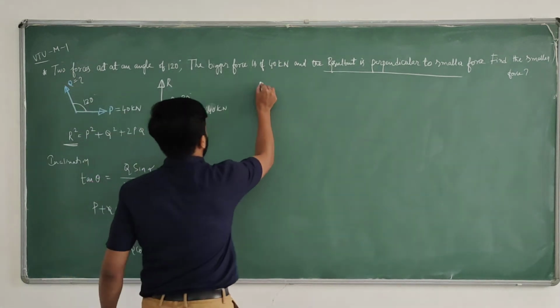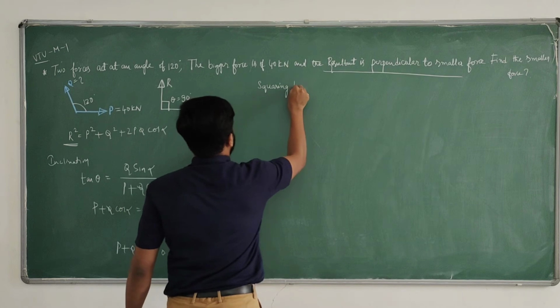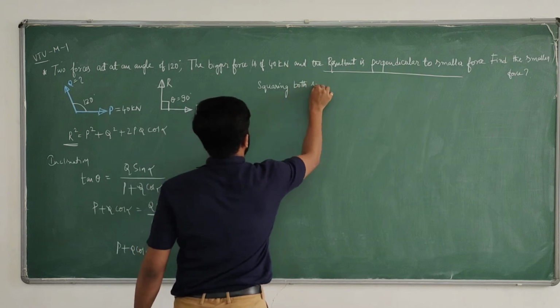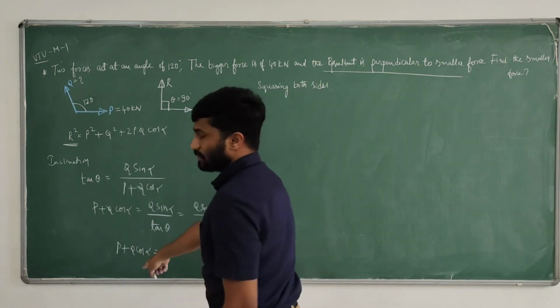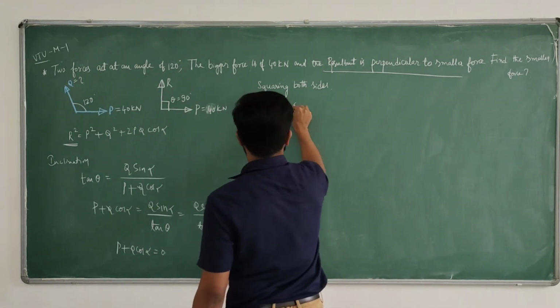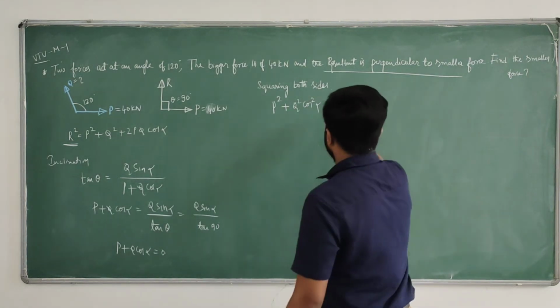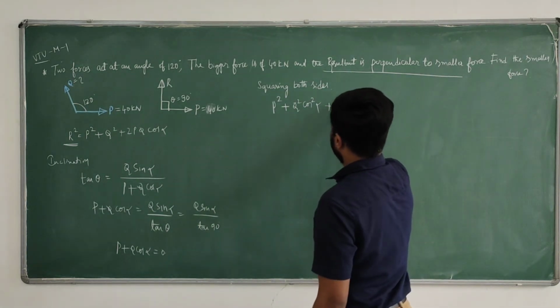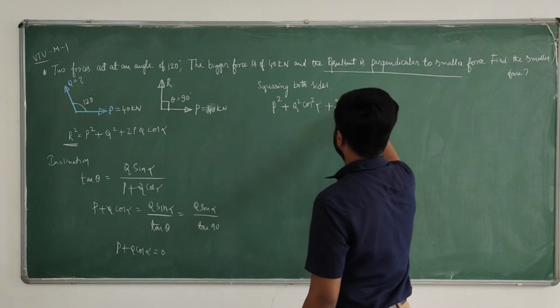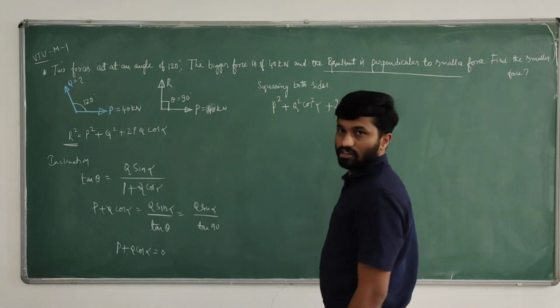Now squaring both sides, using the expansion of A plus B whole square: P square plus Q square cos square alpha plus 2PQ cos alpha equals 0.